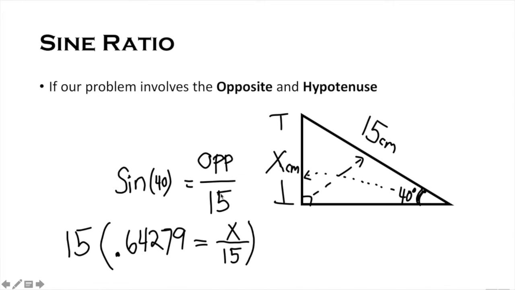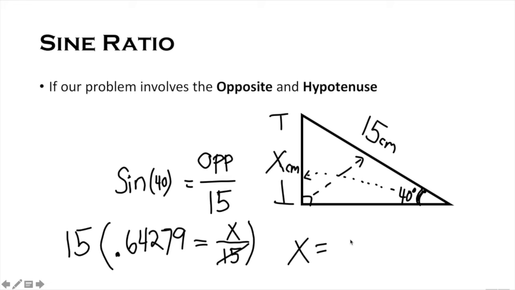And the only way to do that is to multiply everything in this equation by 15. When we do that, that's going to make sure the denominator of this fraction gets canceled. So that will be gone once we multiply this whole fraction by 15. And so what that is going to mean is that we're going to multiply the other side of the equation by 15, and that is going to give us 9.6.